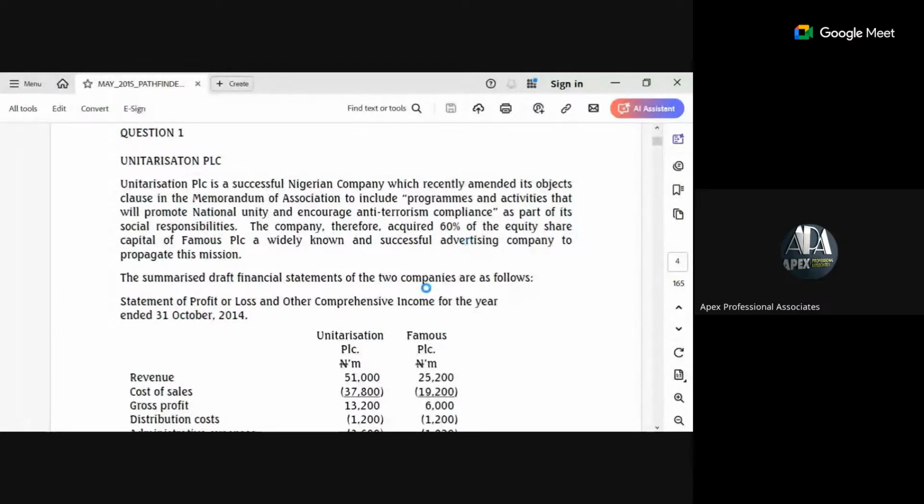The summarized draft financial statements of the two companies are as follows. We have the financial draft.